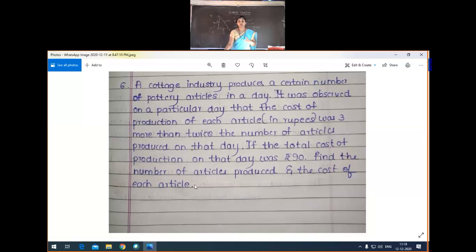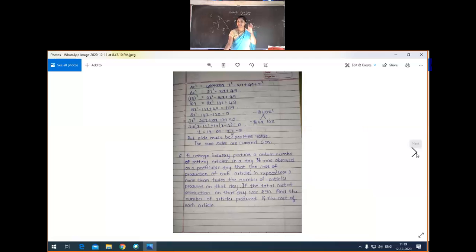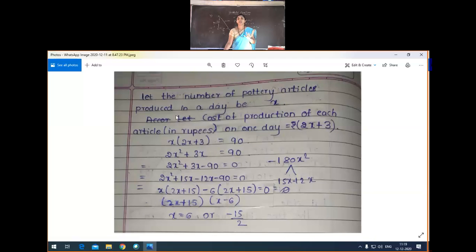So now we have to take the first one as x, that is fixed actually. Let the number of pottery articles produced in a particular day be x. We don't know whether they make 10 or 11 or 12, so we consider it as x. Then the cost of production of each article on one particular day: 3 more than twice the number of articles.